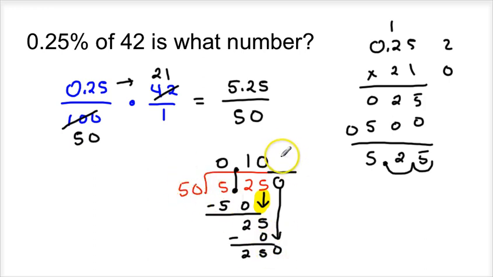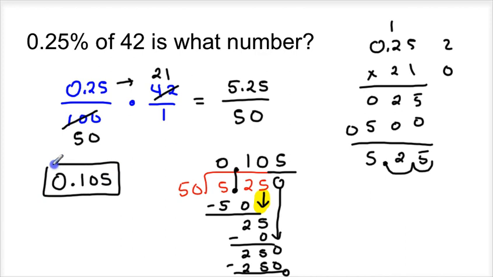And 50 once, so we have 50 goes into 250 5 times, or you can simply see that 5 times 5 is 25. 250, subtracting, and you should get 0 here. So the answer becomes 0 and 105 thousandths. So 1/4% of 42 is 0 and 105 thousandths.